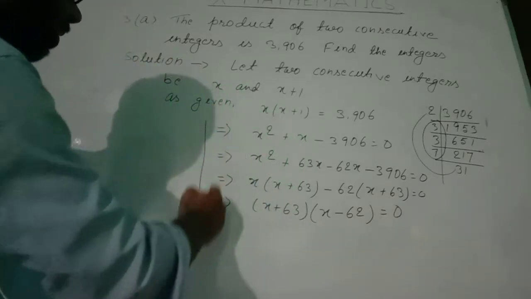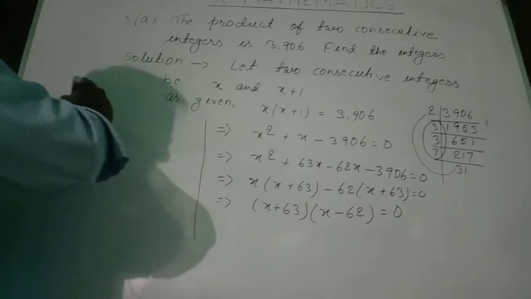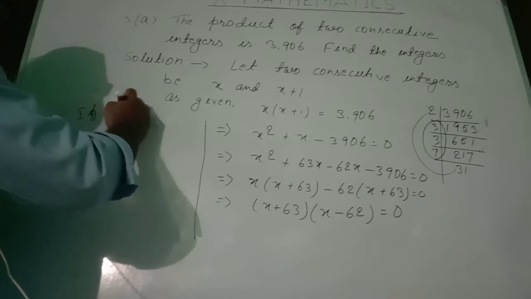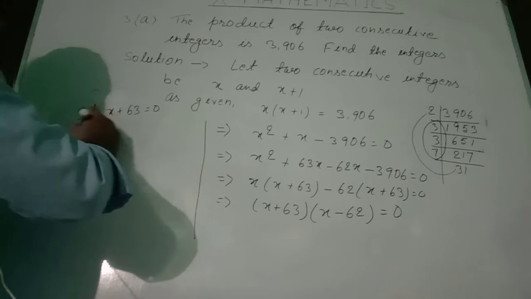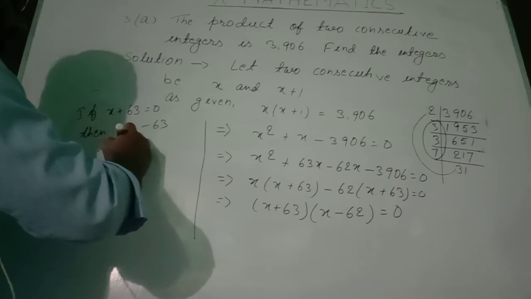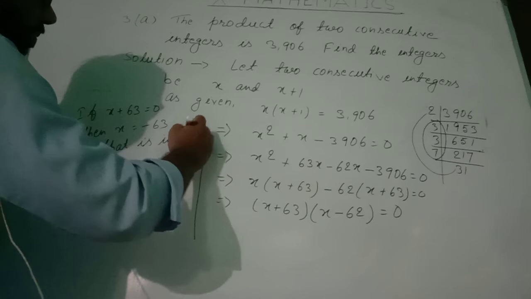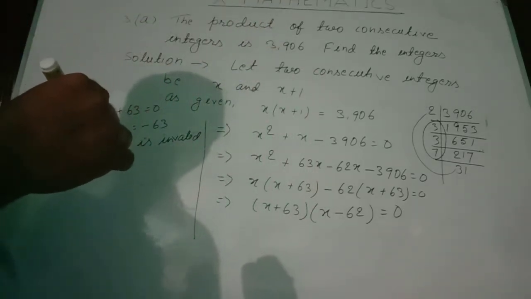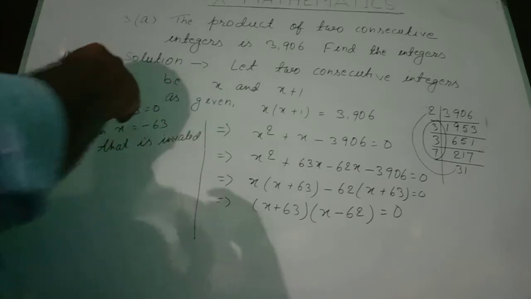This side, if x plus 63 equal to 0, then x equal to minus 63. Why do we say invalid? Okay, not invalid, this is the consecutive integers, not invalid.